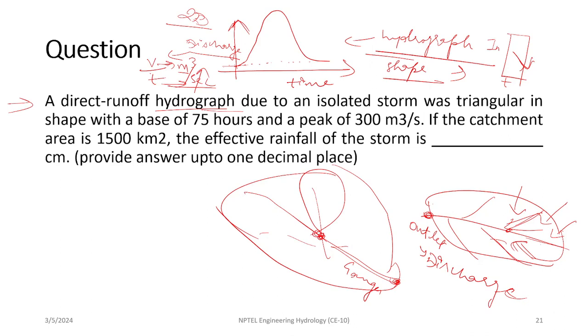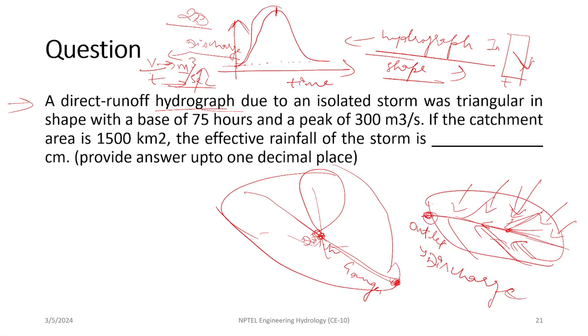Here also we can make a discharge measurement. So as soon as the water starts falling over the basin, it accumulates and contributes as overland flow and finally reaches the outlet. So you will see the rising curve.